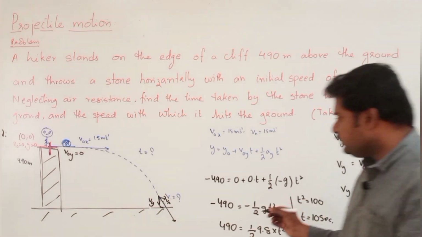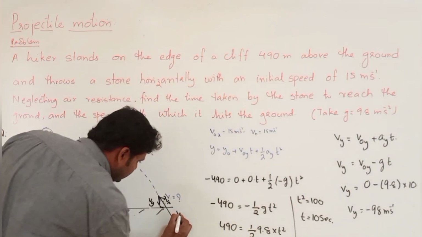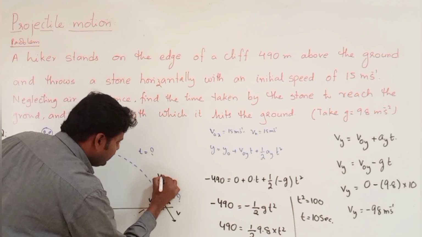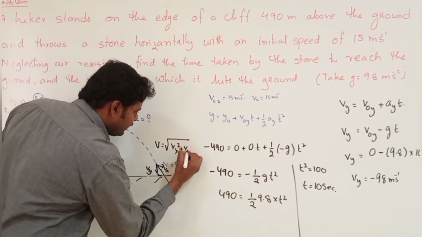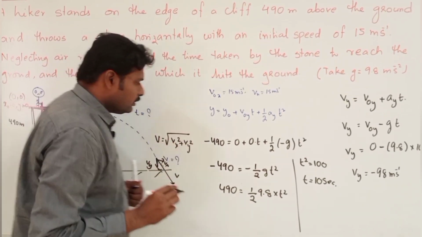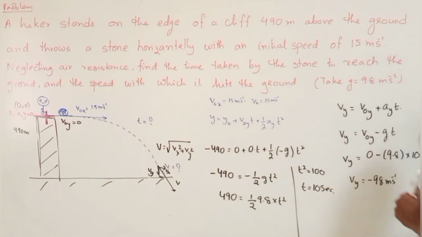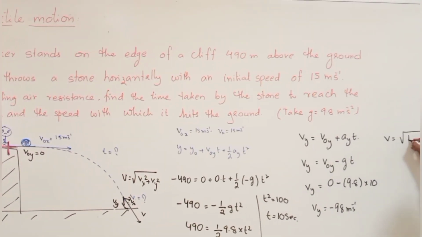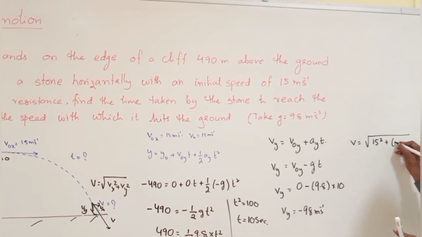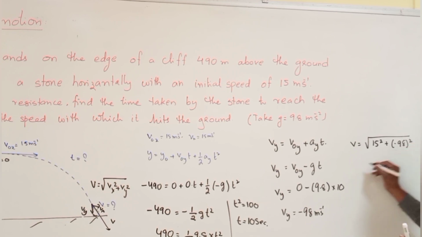Here, how can you write the velocity? The velocity v is equal to under root of Vx square plus Vy square. The velocity v is equal to under root of 15 square plus minus 98 whole square.